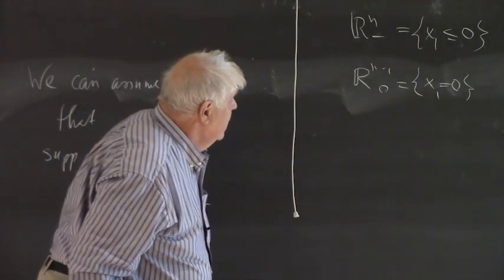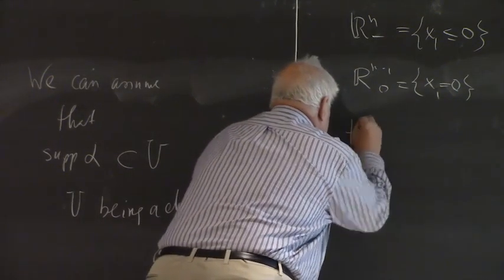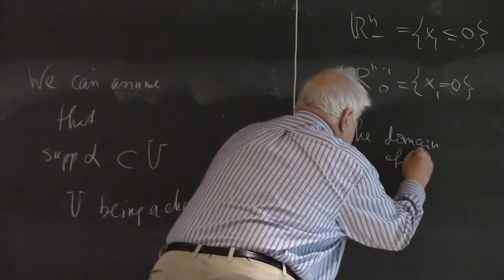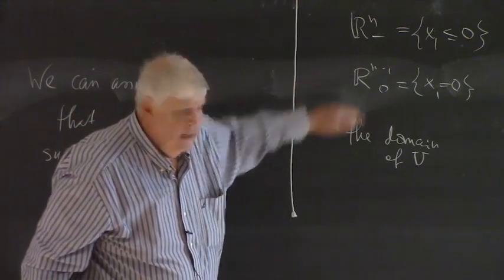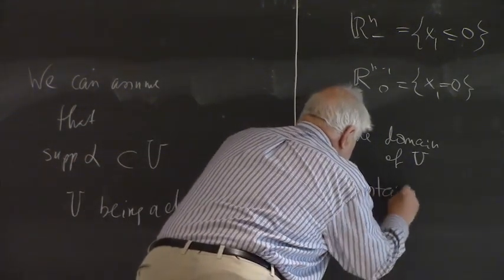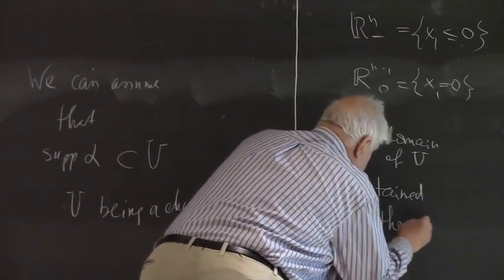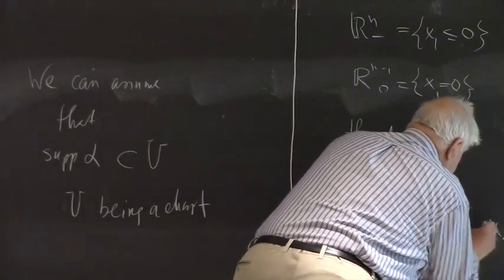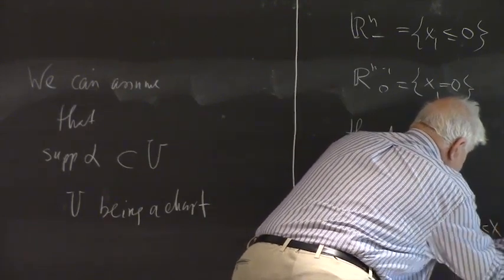And actually, I also suppose that the domain of the chart, which should be an open set in this, is contained in the cube. Every coordinate is between -1 and 0.